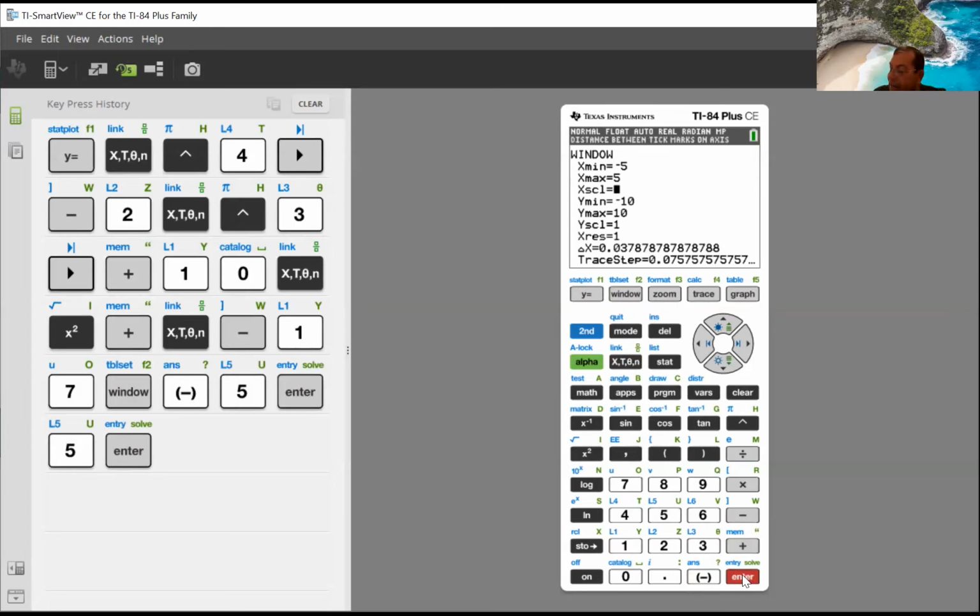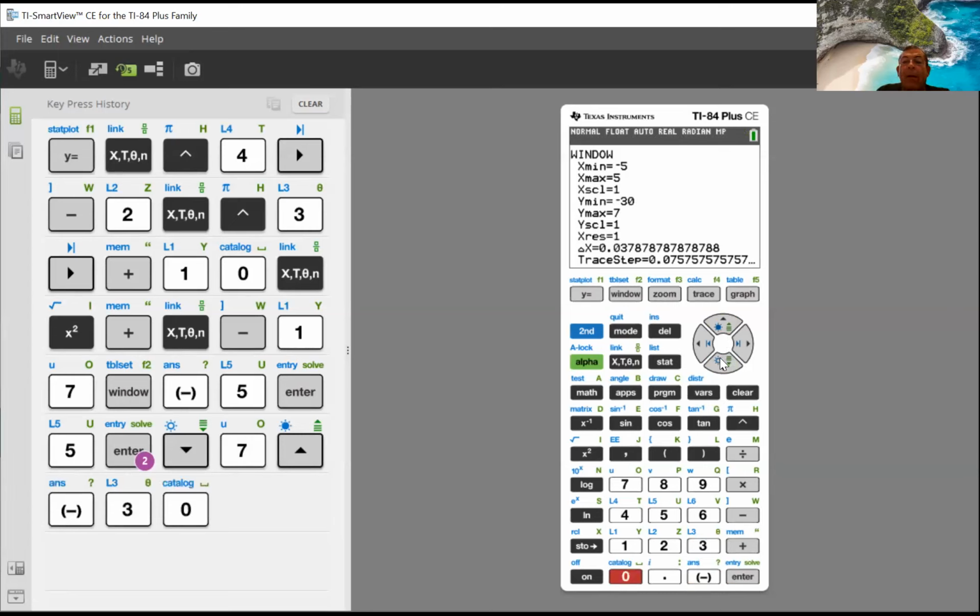The x scale they gave me, the x SCL, was 1. So I'm going to leave that alone. I'm going to arrow down to the y max they gave me, was 70. Whoops, I missed my y min. Let me go back up. My y min was -30.